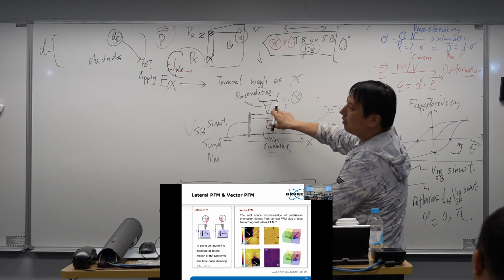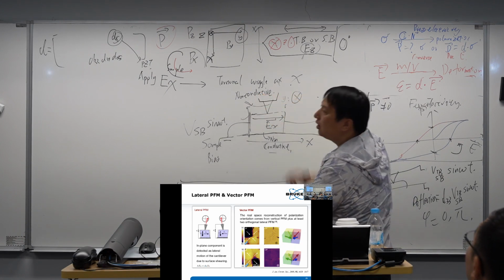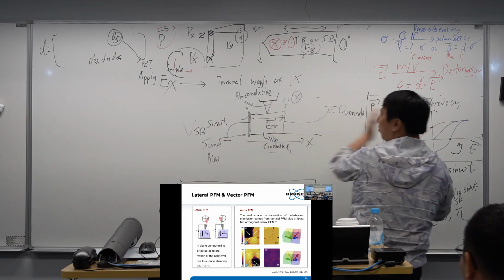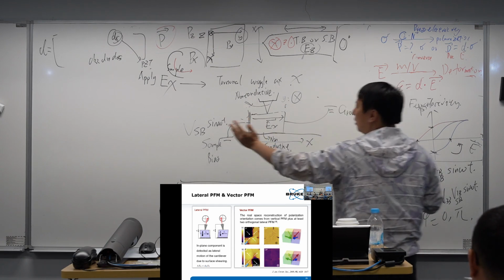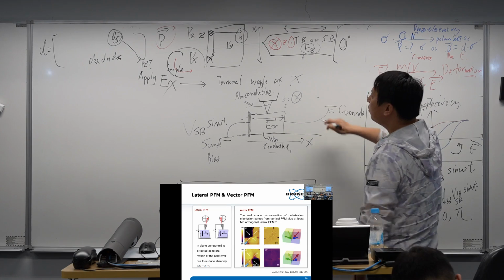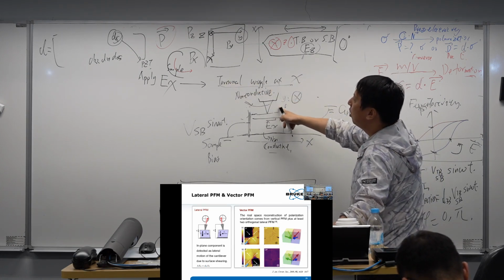Since your probe is non-conductive, you don't need to worry that there will be some Z components. The electric field is only this way, and you still detect the torsional wiggling of the probe.